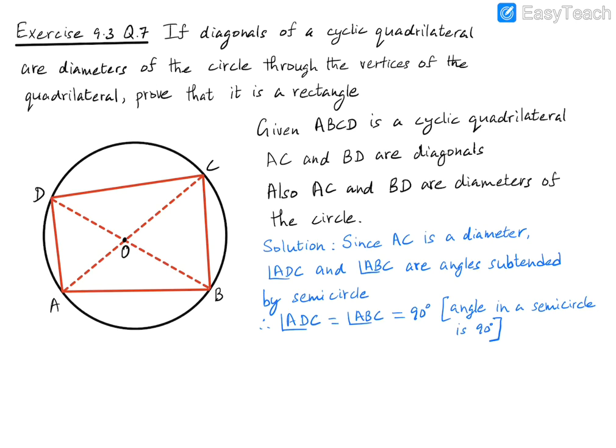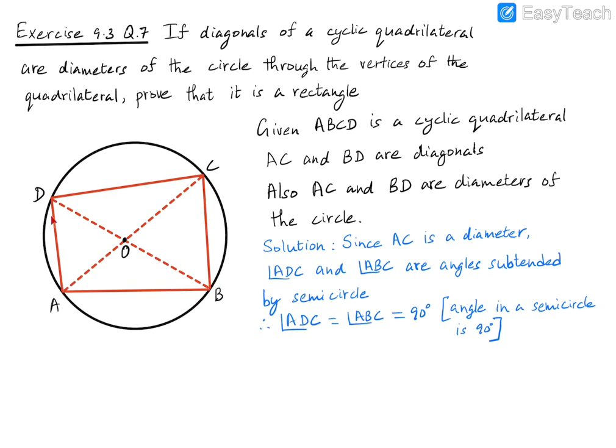So therefore, we will have angle ADC, which is the angle subtended by this semicircle here, as 90 degrees. Similarly, the angle ABC, which is this angle over here, is the angle subtended by this semicircle on the other side of the circle.